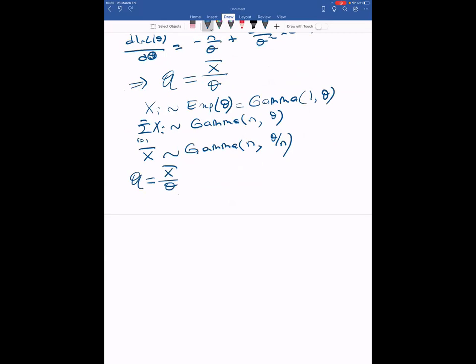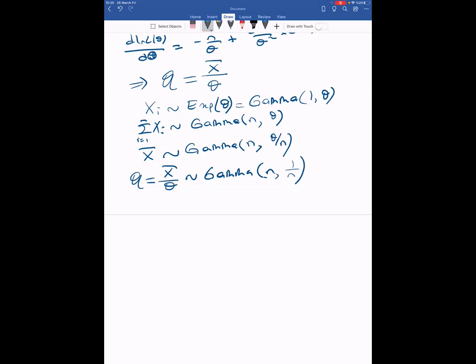So the distribution of the pivotal quantity, x bar over theta, is gamma. Again, this affects the scale parameter. As you can see, we have a pivotal quantity whose distribution does not depend on theta. So we can work with this one. No problem with working with gamma n and 1 over n. But we don't have any statistical tables for the gamma distribution.